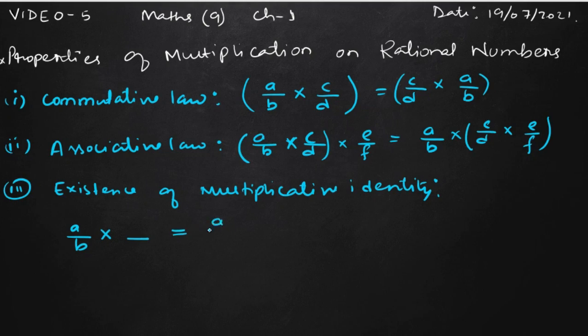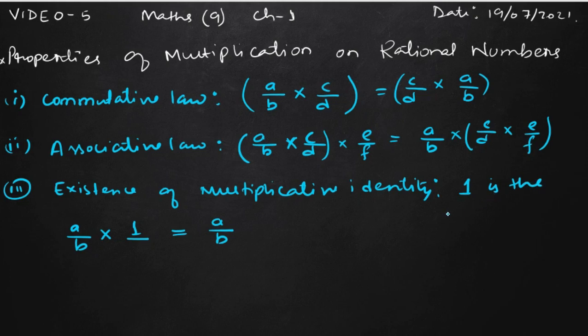Obviously it will be 1. So in multiplication our multiplicative identity is 1. You have to remember, 1 is the multiplicative identity in rational numbers.